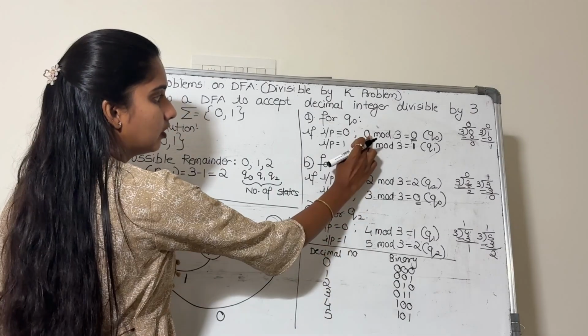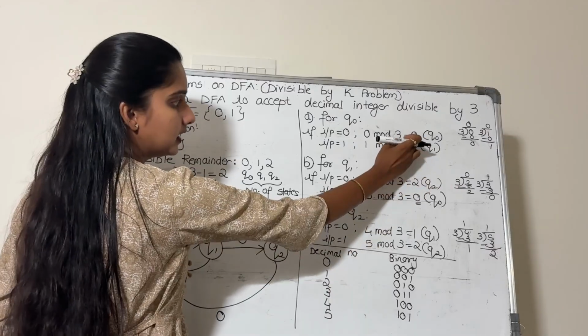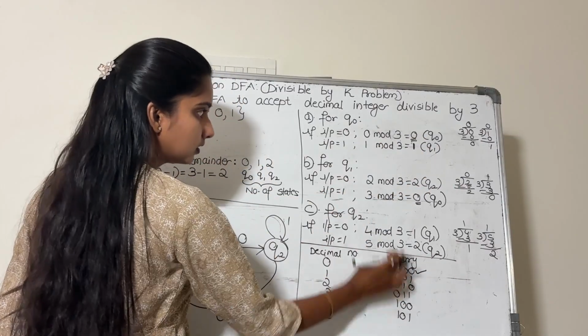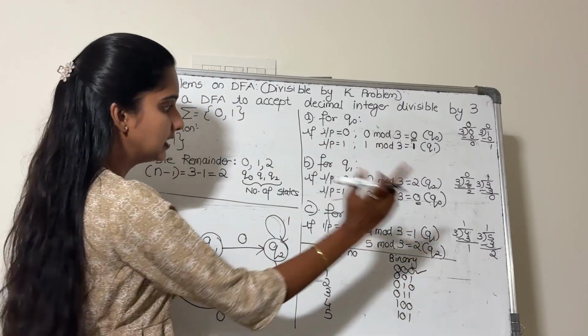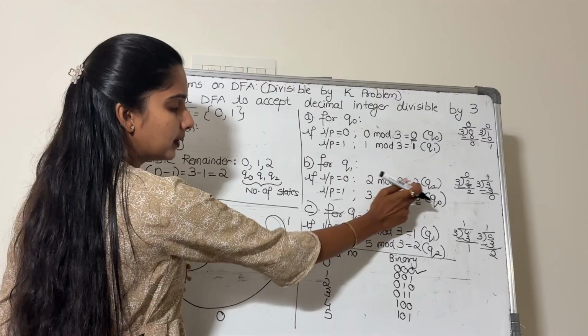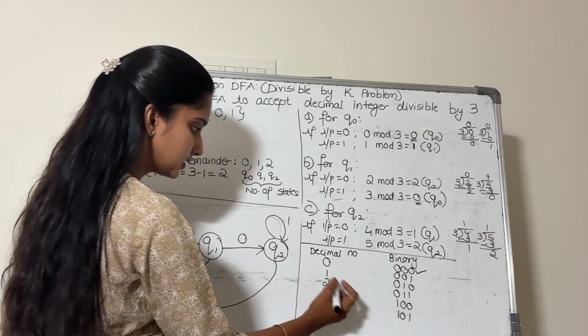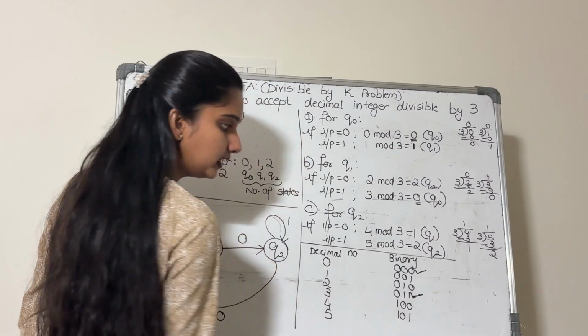For 0, what is the remainder I am getting? I am getting a 0, so this 0 should get accepted. For 1, am I getting a 0? No, so 1 shouldn't get accepted. Similarly, 2 mod 3, am I getting a remainder as 0? No. For 3 mod 3, am I getting a remainder as 0? Yes, so this should get accepted.